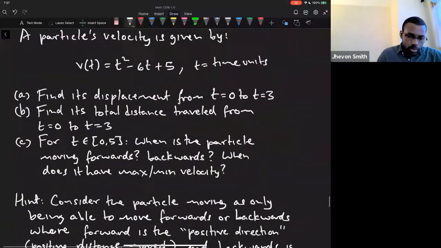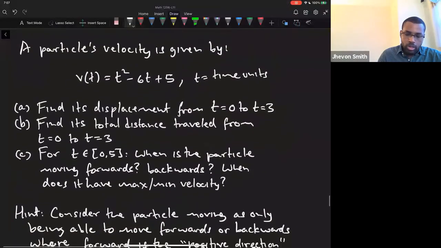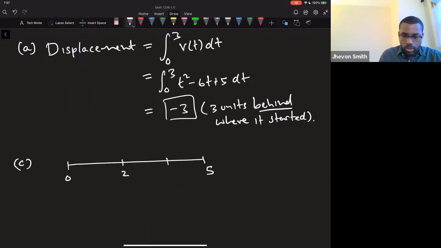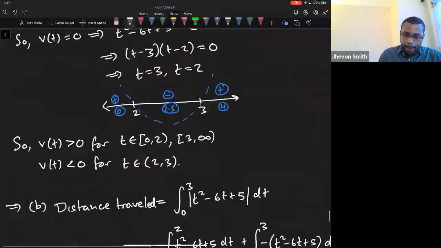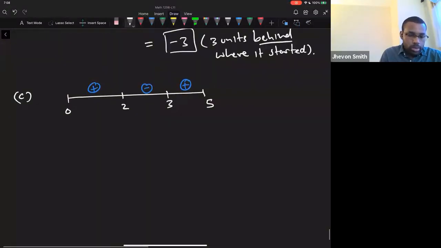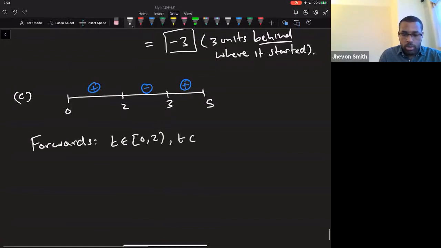What else? For 0 to 5, when is the particle moving forwards or backwards? So C, on 0 to 5, I know from 0 to 2 it's positive, over here it's negative, and over here it's positive. So it's moving forwards for t between 0 and 2, and t between 3 and 5.